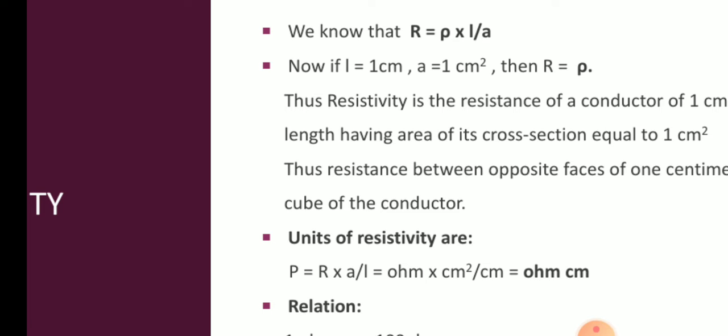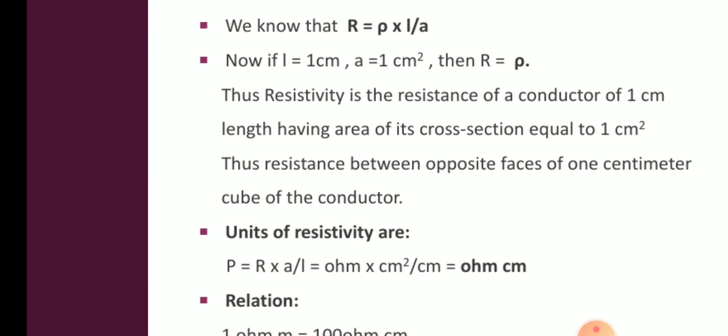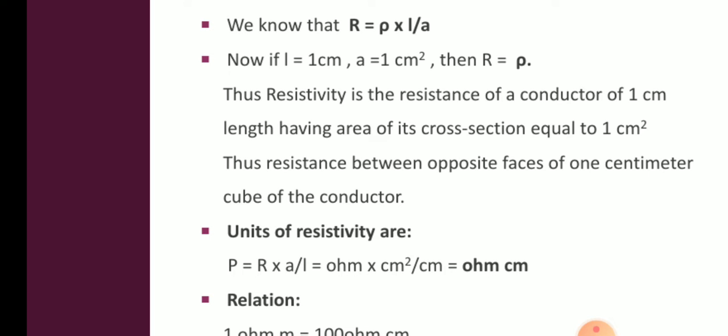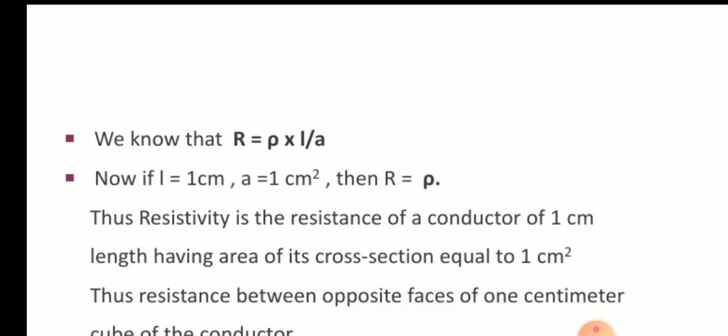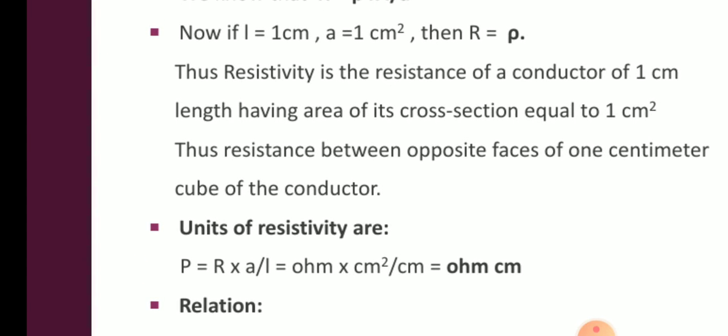So resistivity is the resistance when the length is 1 centimeter and area is 1 square cm. Thus resistivity is the resistance of a conductor of 1 cm length having area of cross section equal to 1 cm square. Thus, it is the resistance between opposite faces of a 1 centimeter cube of the conductor.